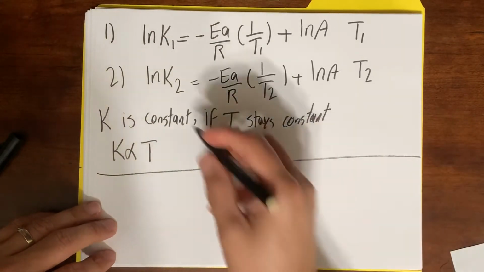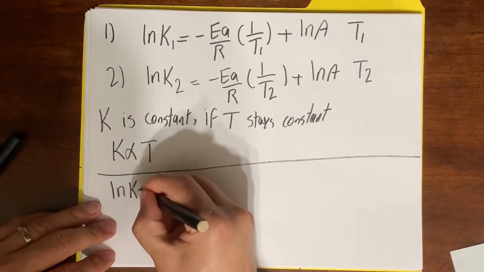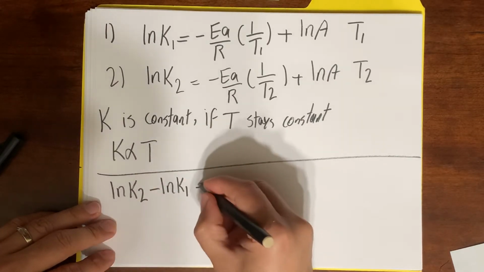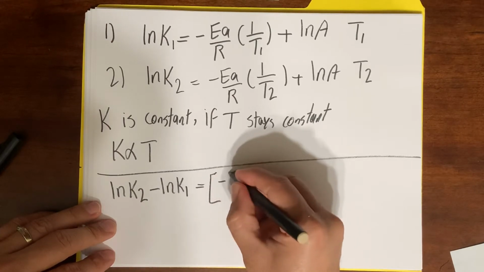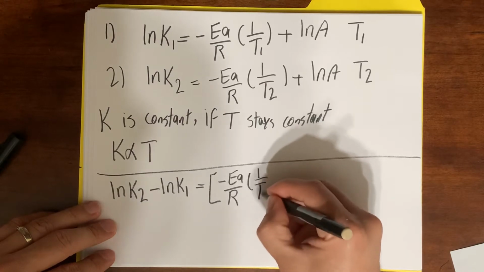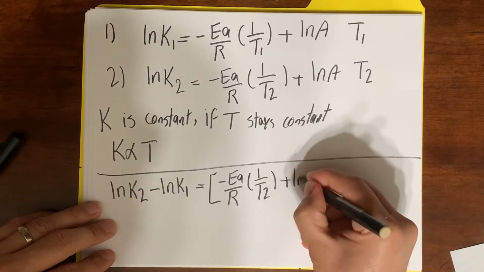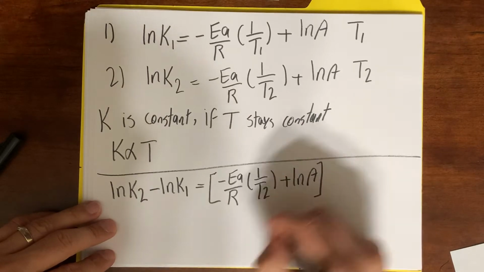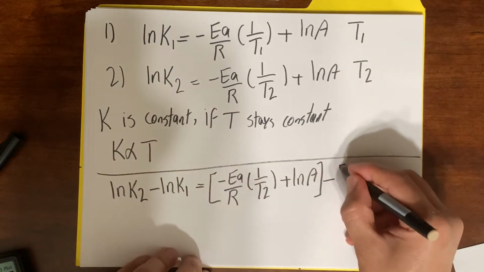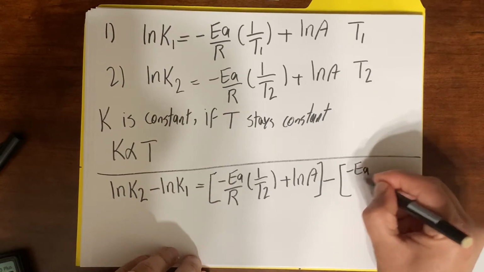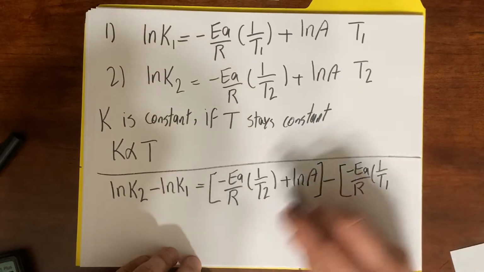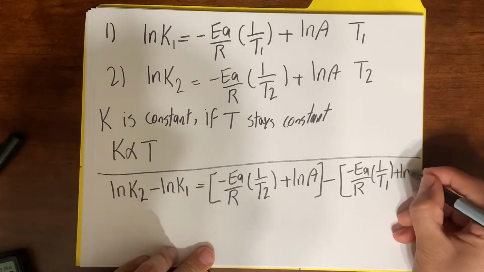We're going to get ln of K2 minus ln of K1. And then we get minus EA over R multiplied by 1 over T2 plus ln of A for the second formula, minus minus EA over R times 1 over T1 plus ln of A.